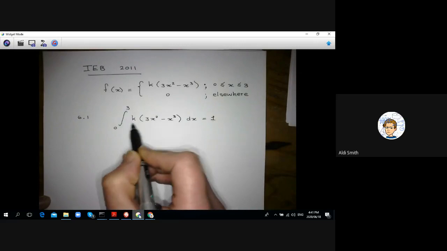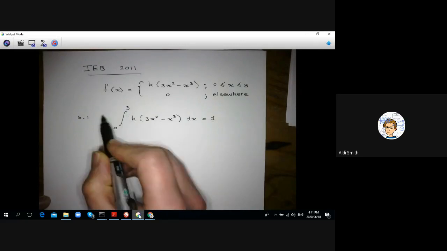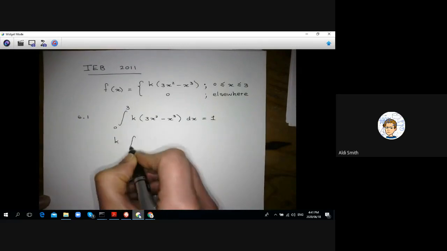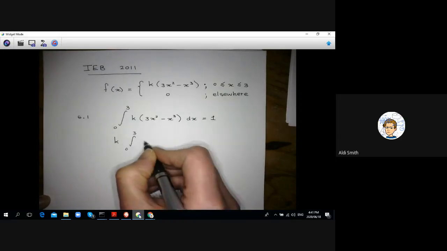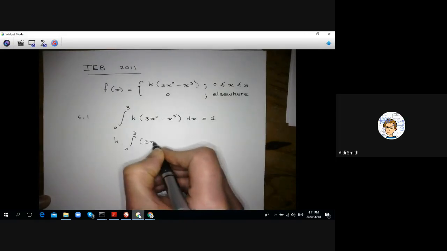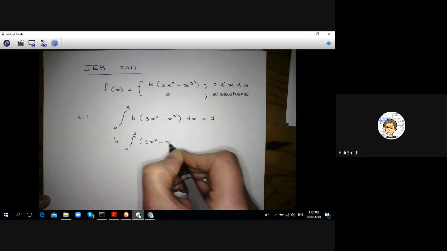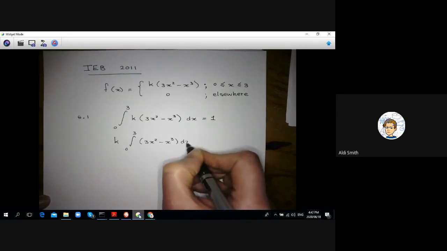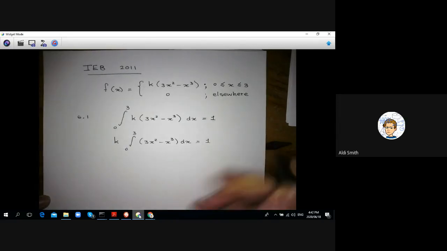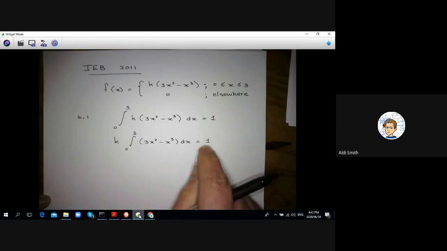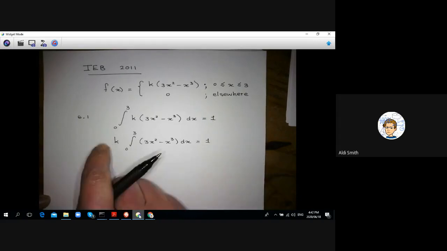Then, because this k is a common multiple, I can take it out. Remember, you're always allowed to do that with integrals. And then I can actually calculate this and say 1 divided by that is equal to k.